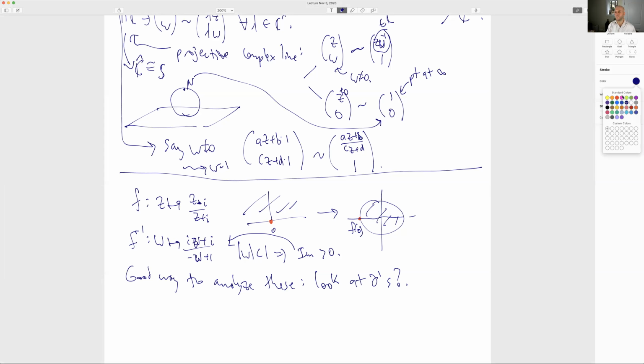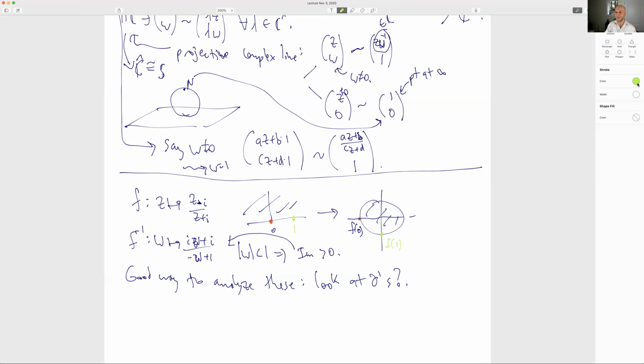How about the point 1? One minus I over 1 plus I. Anybody want to tell me where that goes? Should we compute it together? What is it, Kailash? Minus I, perfect. That's f of 1.